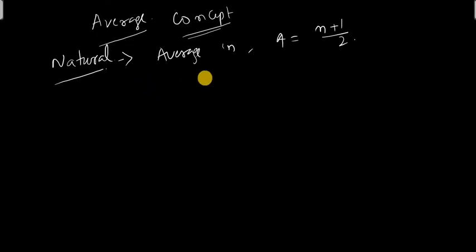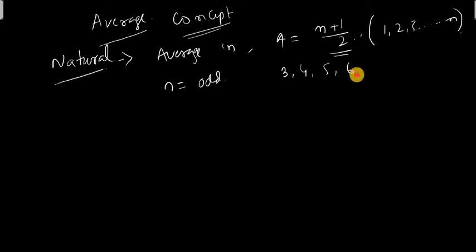This is the case when we have 1, 2, 3 up to n. When n is odd, for example 3, 4, 5, 6, 7, the middle number is the average.